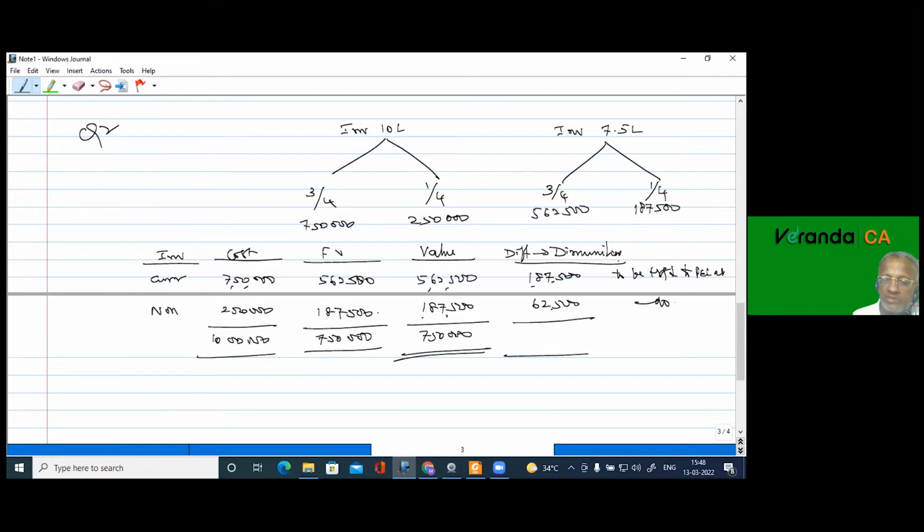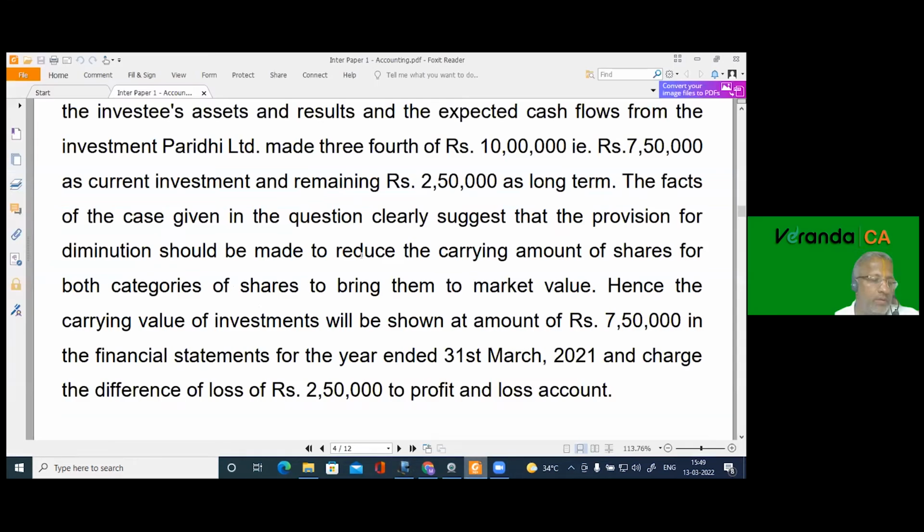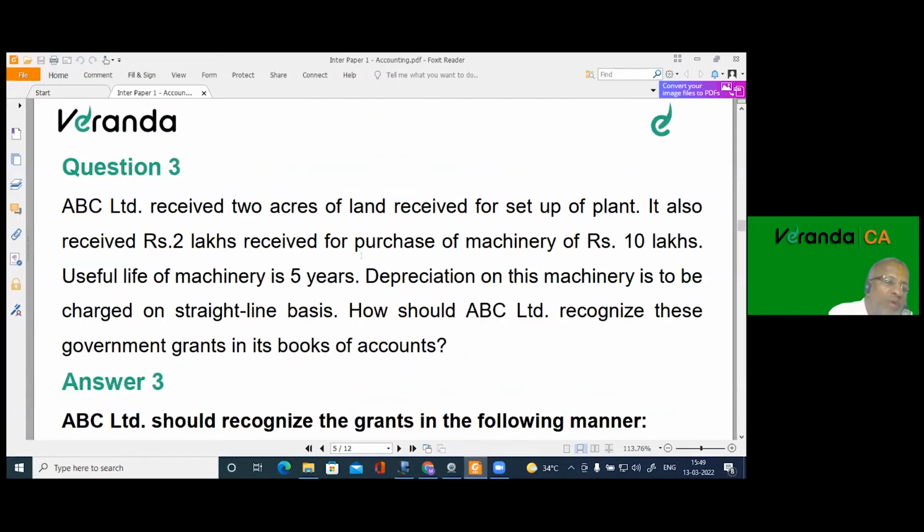Same is the case for non-current investment. So question number 3: ABC Limited received 2 acres of land for setup of plant. It also received 2 lakhs for purchase of machinery of rupees 10 lakhs, useful life 5 years. Depreciation on this machinery is to be charged on straight line basis.